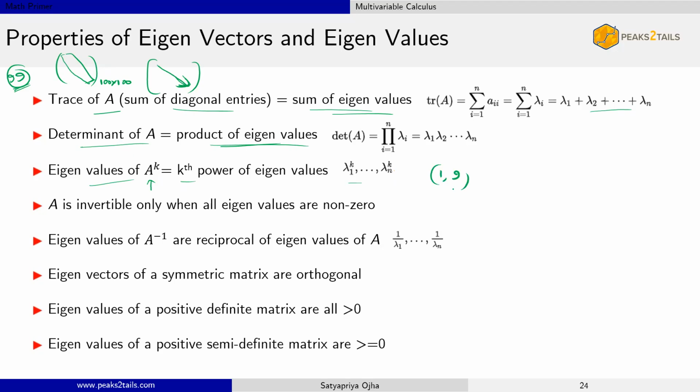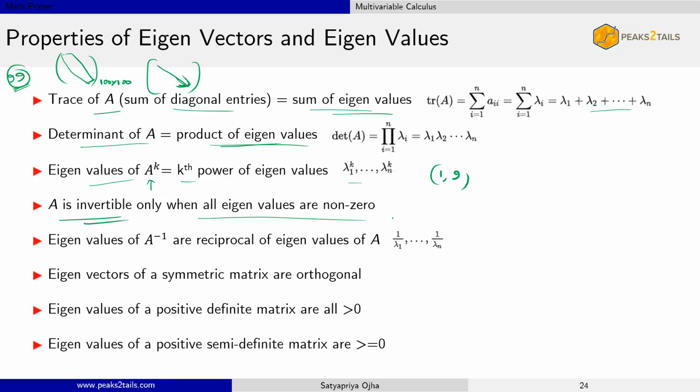All right. Next, A is invertible only if all the eigenvalues are non-zero. This is actually related to one of the other theorems that we just talked about. Which one? You can prove this using which line?